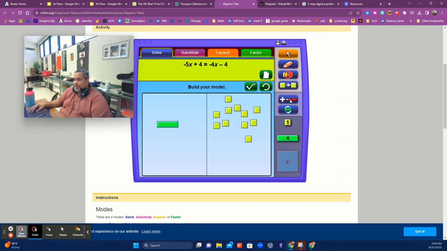Because if this is equal and this is equal, then guess how much is in the container? All of these. What is that? That's 11. So there's 11 of these in this container. We can tell because the two are equal. All right, that's the goal.